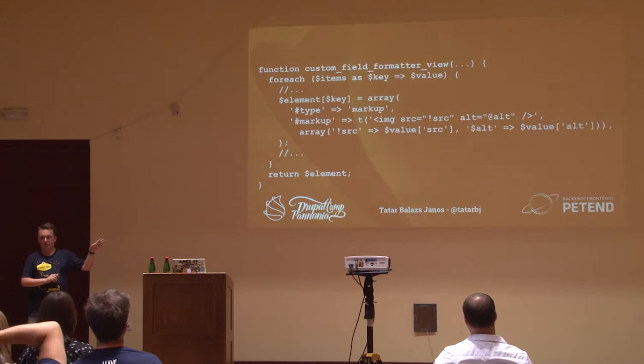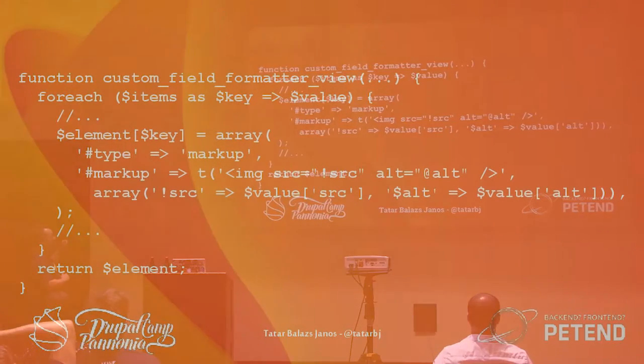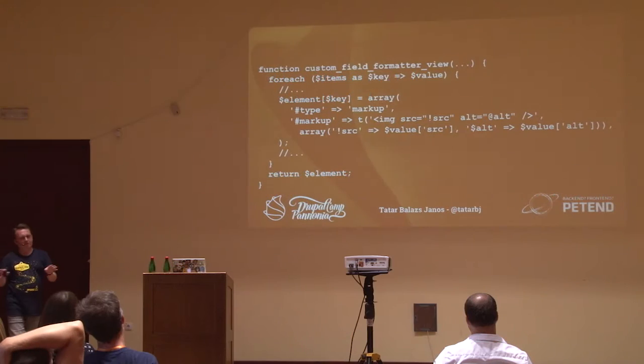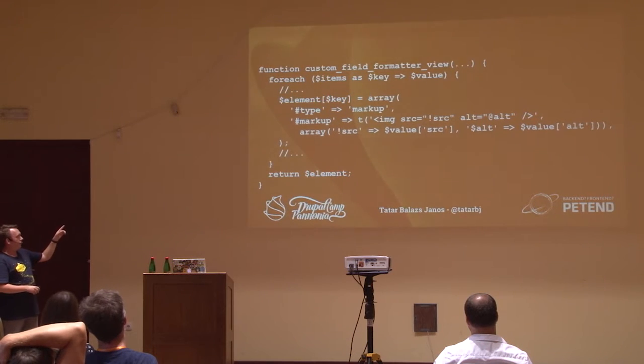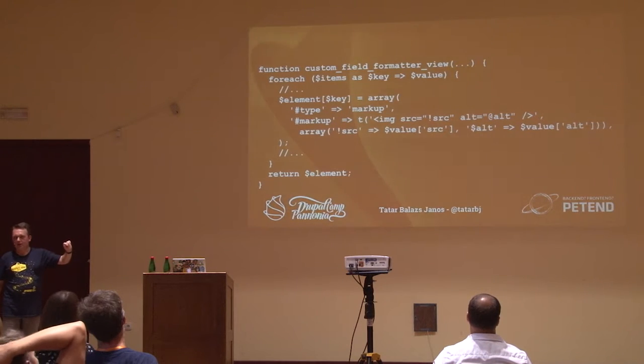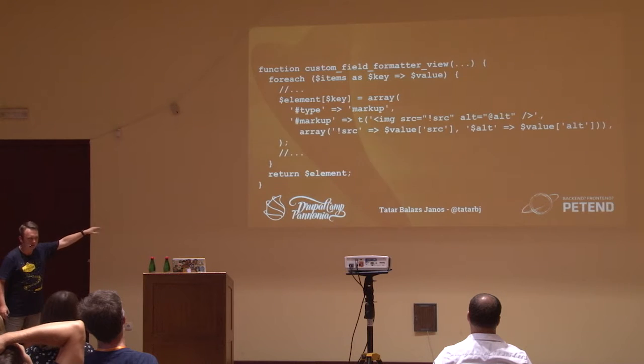Here we go. First example. It's Drupal 7, we still remember, right? There is a field formatter view where we get an element which will be a markup, and, don't ask me why, the hash markup will have a t function that has an IMG tag somehow formatted, okay?